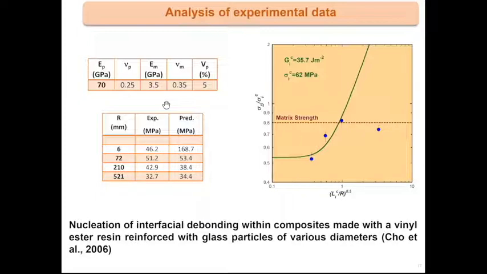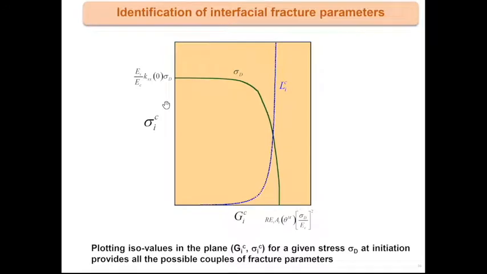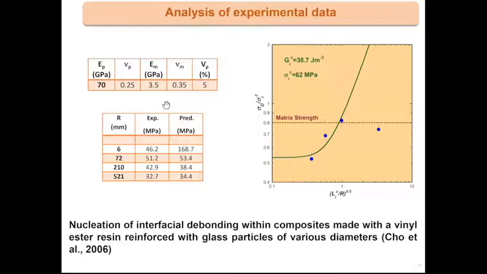Here you have the properties, the volume fraction, and the particle radii are different and induce, of course, different debonding stress. So for each radius, you have to plot such kind of curves. You plot different curves for the different radii here, and you have to adjust to obtain the best choice. And the results are plotted here.